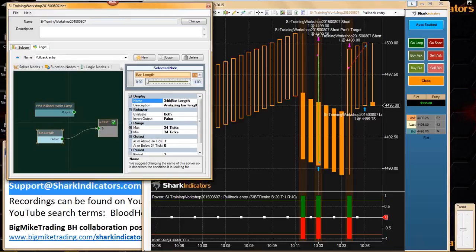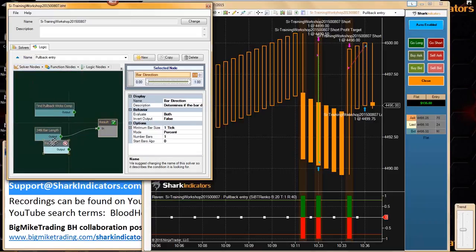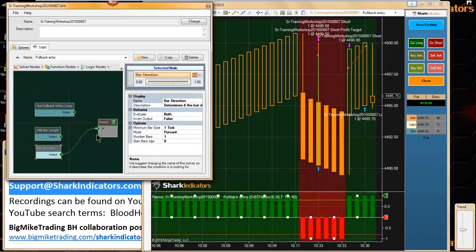We've got a 34 tick bar length that we're looking for, and I'm going to use the bar direction as my direction. So let's plug that in here.